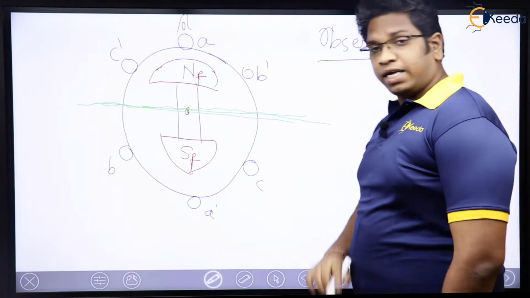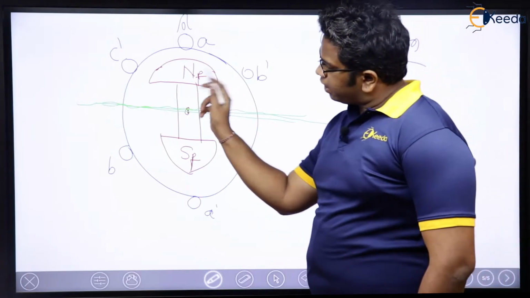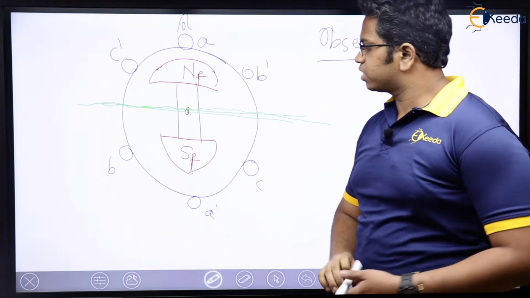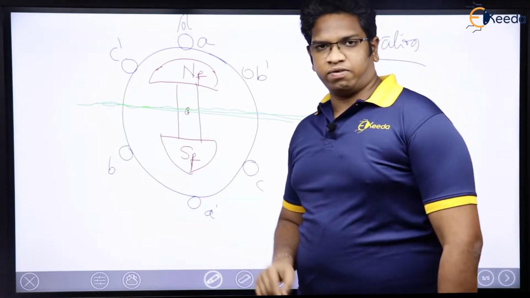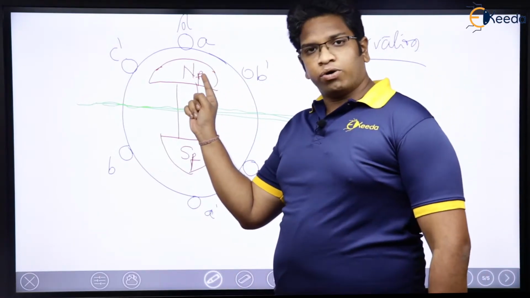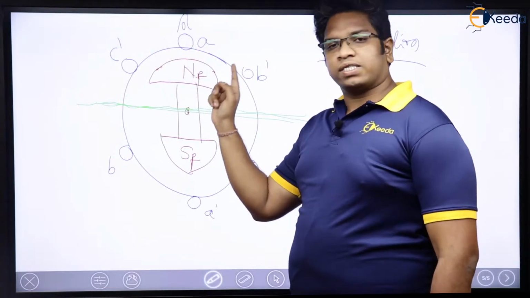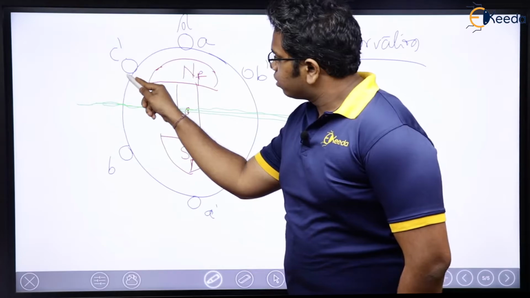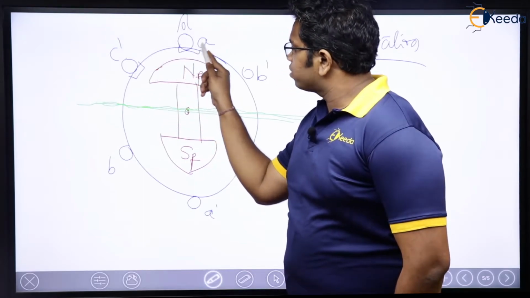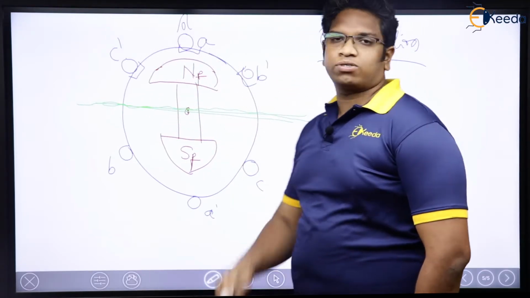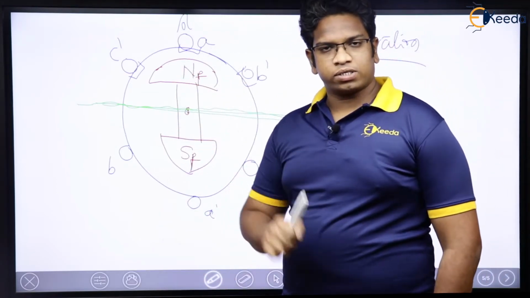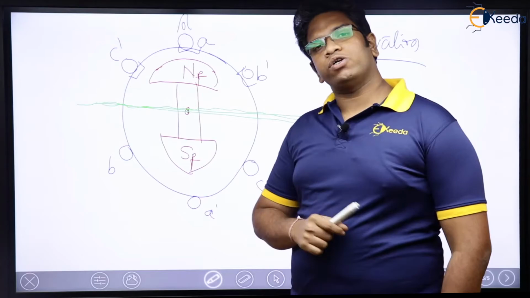Can I write that under each and every pole, for example this one pole NF, you have all the three phases related conductors, or I can say you are going to have all the three phases related slots. These conductors have to be placed in slots, right? The conductors which are there will be present in slots only.